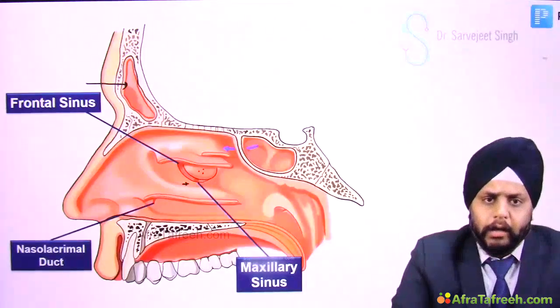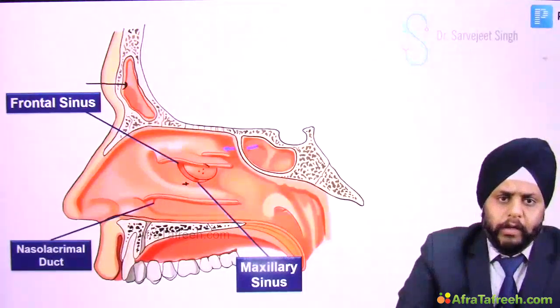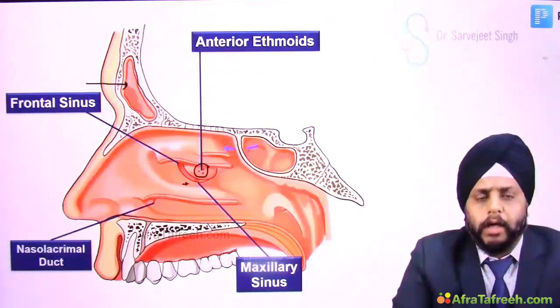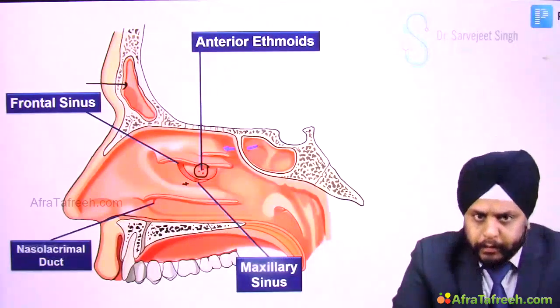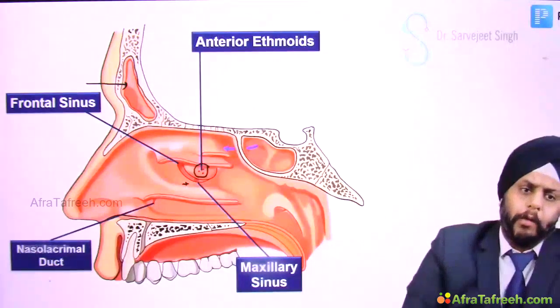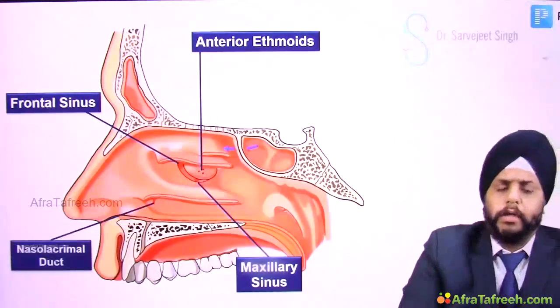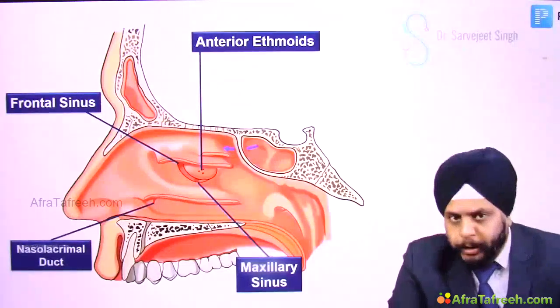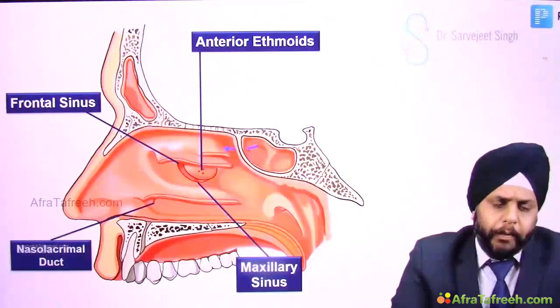Now, other than that, we can also notice in this area the opening of anterior ethmoidal air cells. Remember when I taught you about the paranasal sinuses, I told you that ethmoids are divided into 2 groups, anterior and posterior. So how are they divided?